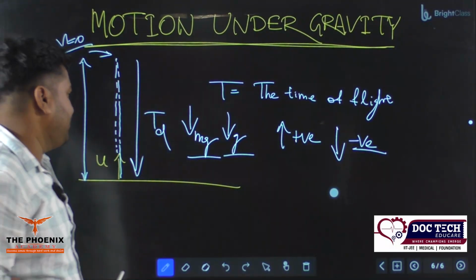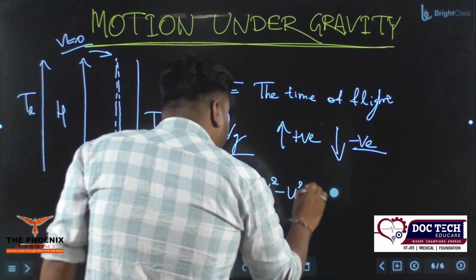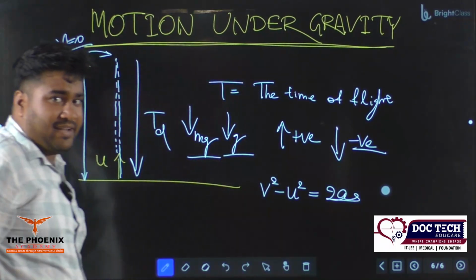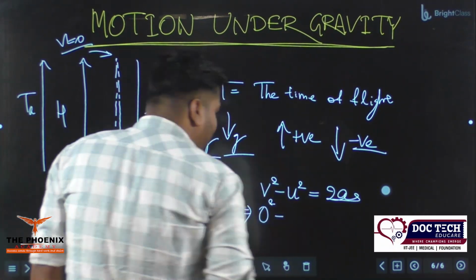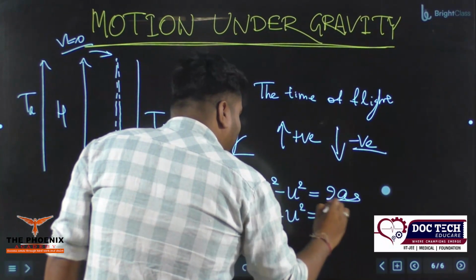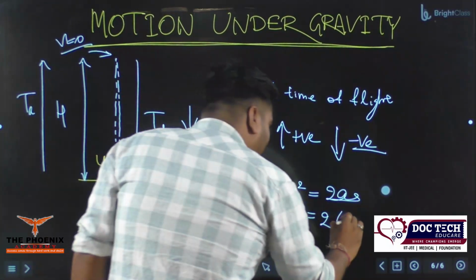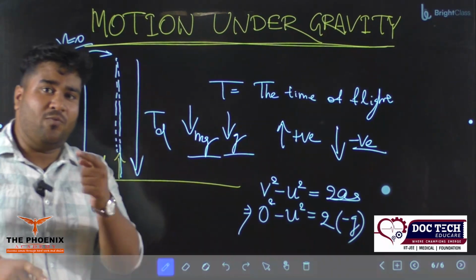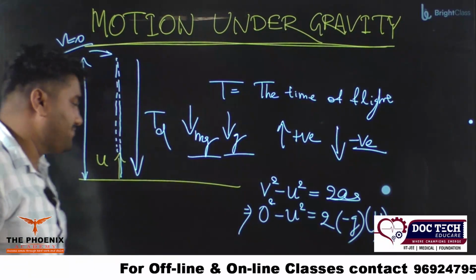Right? Let's derive. We can simply use the equation of motion v square minus u square equals 2as. Achha. Here v is 0, so 0 square, u is u square, and the acceleration is g, but its direction is downward, so minus g, and the displacement is h, but its direction is upward, so capital H, and it will be positive.